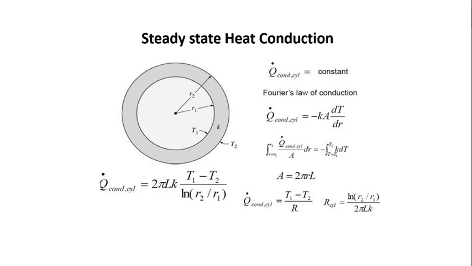The summation of R represents the total resistance offered in a specific material. Here we consider T1 minus T2 as delta T overall, and the remaining term, ln r2 by r1 divided by 2 pi L k, or 1 by 2 pi L k ln r2 by r1, is the resistance.